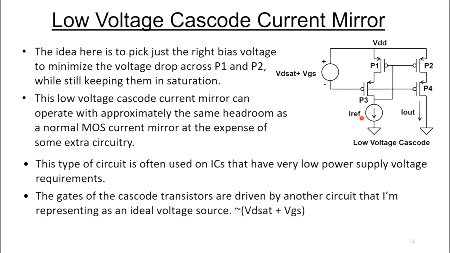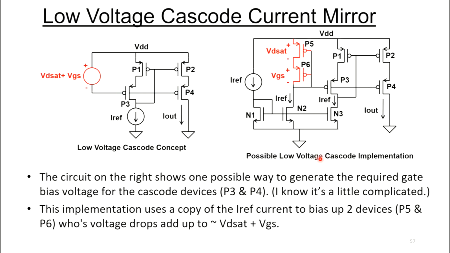This type of circuit is often used in ICs that have a very low power supply voltage requirement. The problem is it costs a bunch of extra circuitry. And here I just show how you might generate it. I'm sorry, I know this diagram is getting a little confusing here, but this is one possible way you would generate this VDS plus VGS.